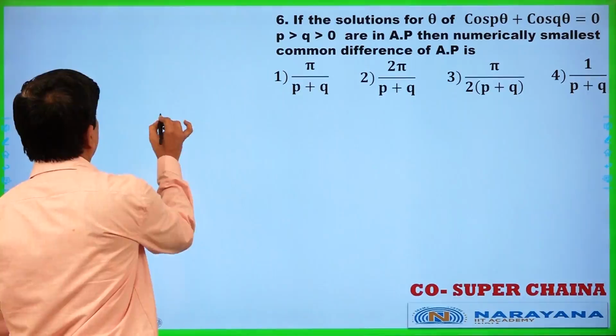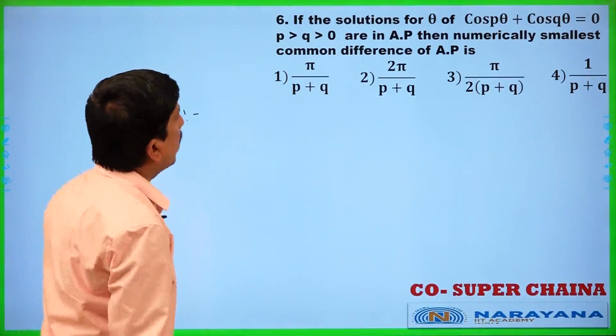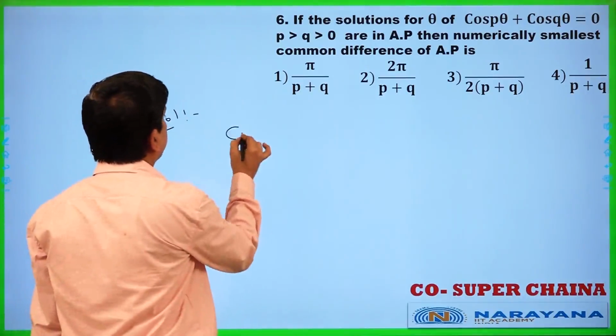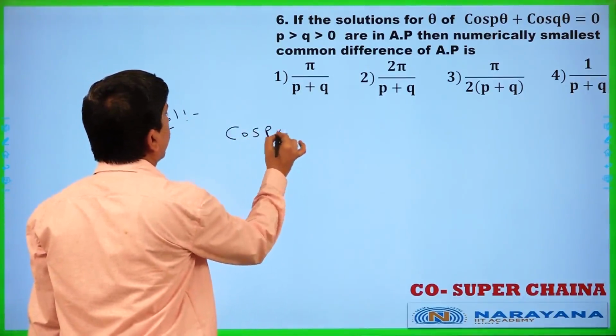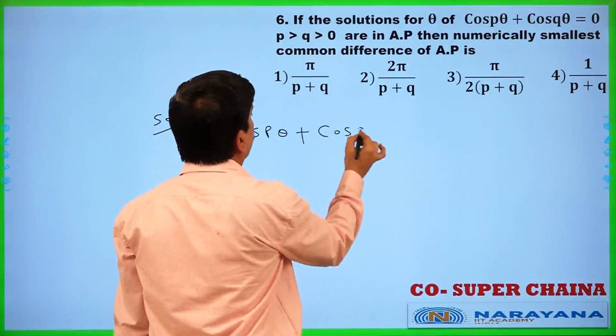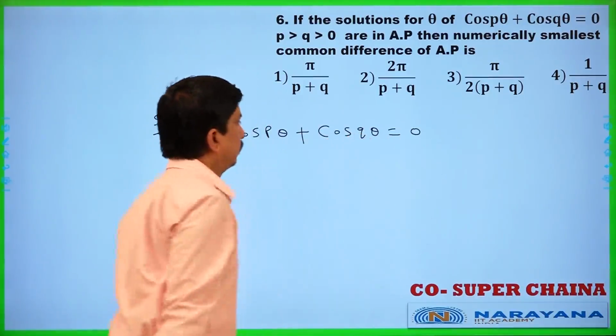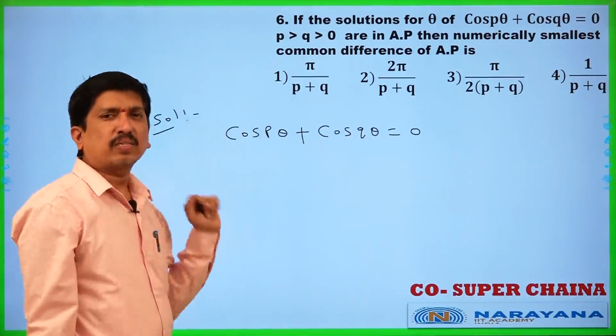Now let us check. What was the given equation? cos p theta + cos q theta = 0. This is nothing but cos C + cos D.